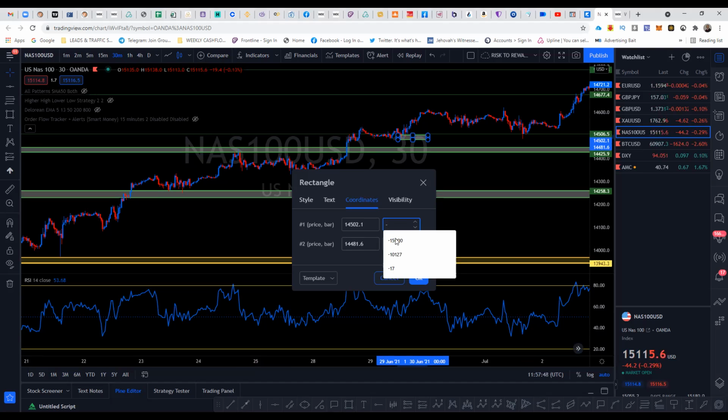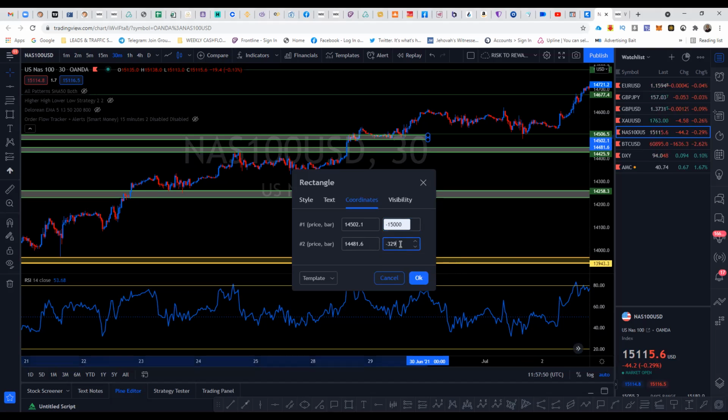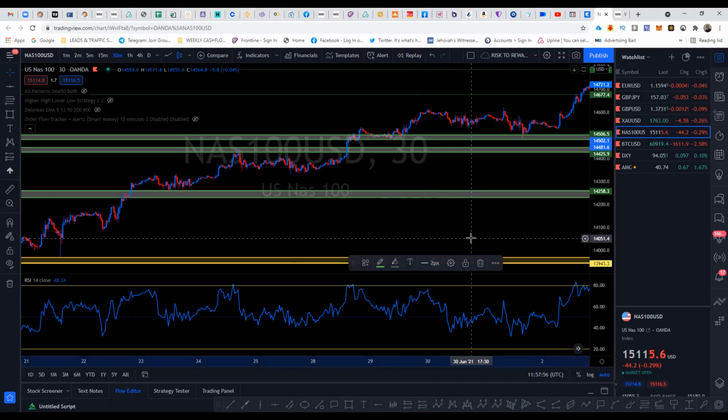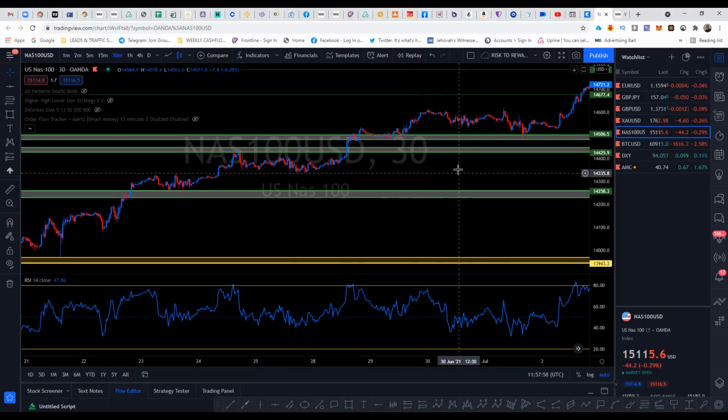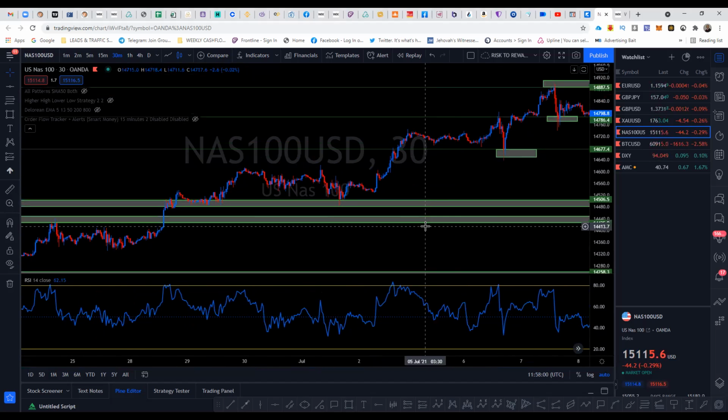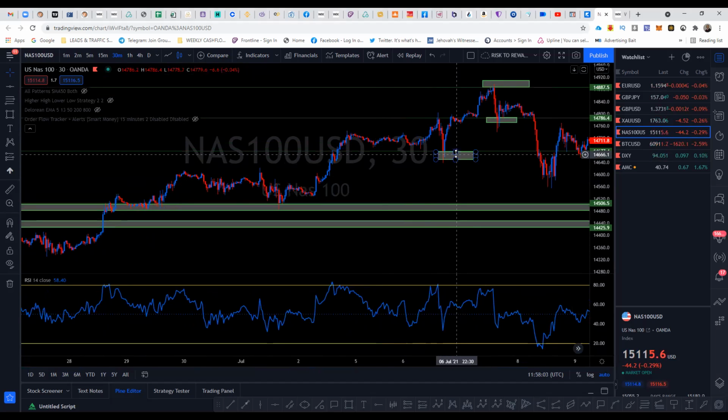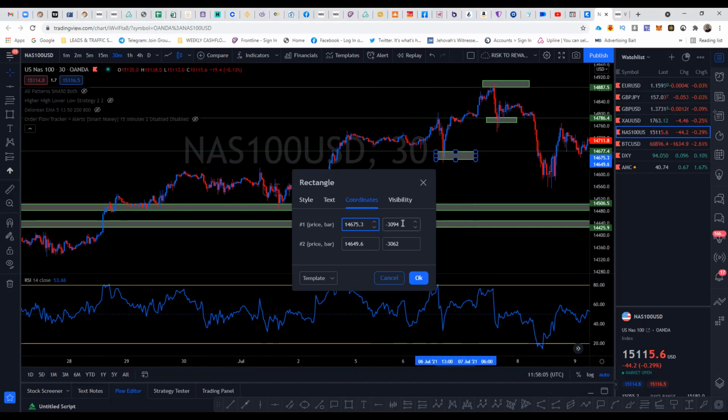Again, we're just finding areas where we see huge wick action, market structure. You could kind of make these zones a little too close, but we're not going to worry about those too much. Change this one.